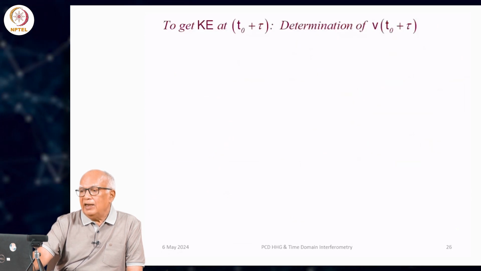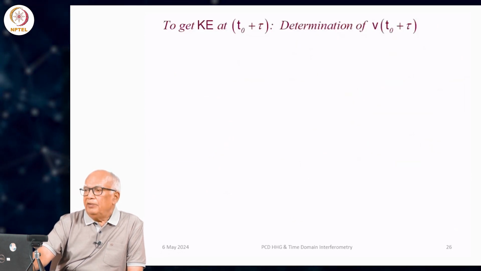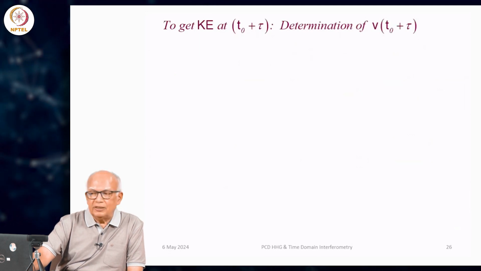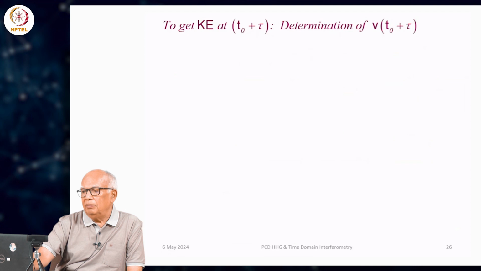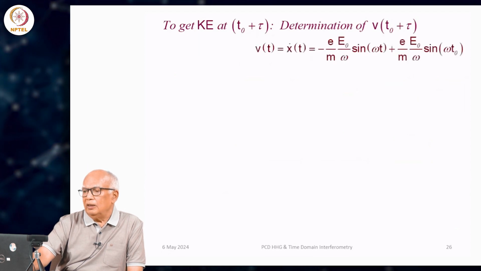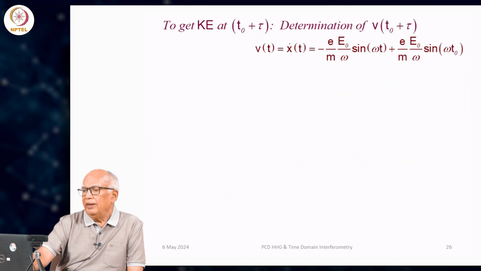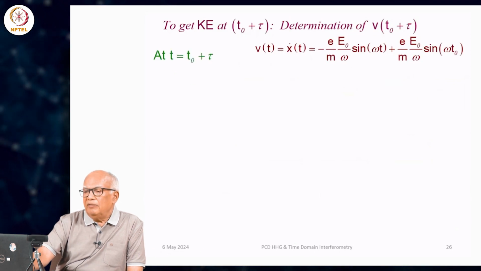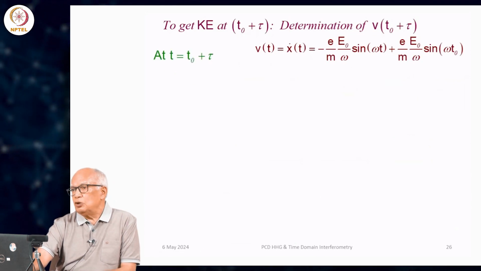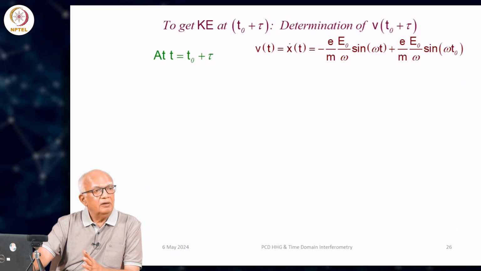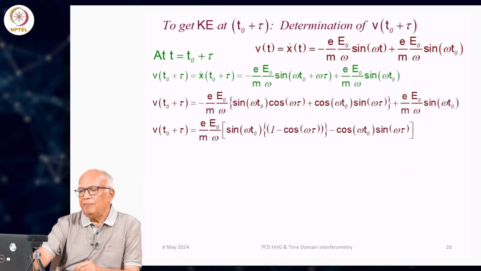So, to get the kinetic energy, we need the speeds. The kinetic energy is half mv square, so you need the speeds. You got the x, you got the speed given by this, the velocity, and you need the velocity at t0 plus tau. Okay? That is where you want what the velocity will be.